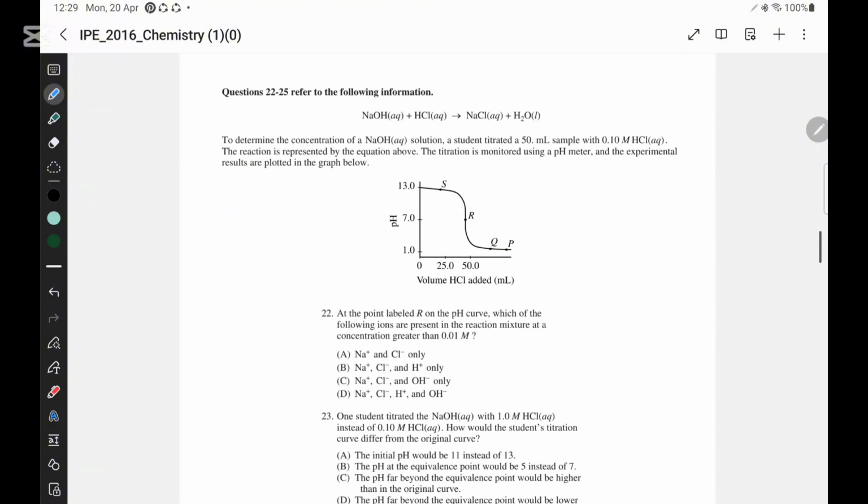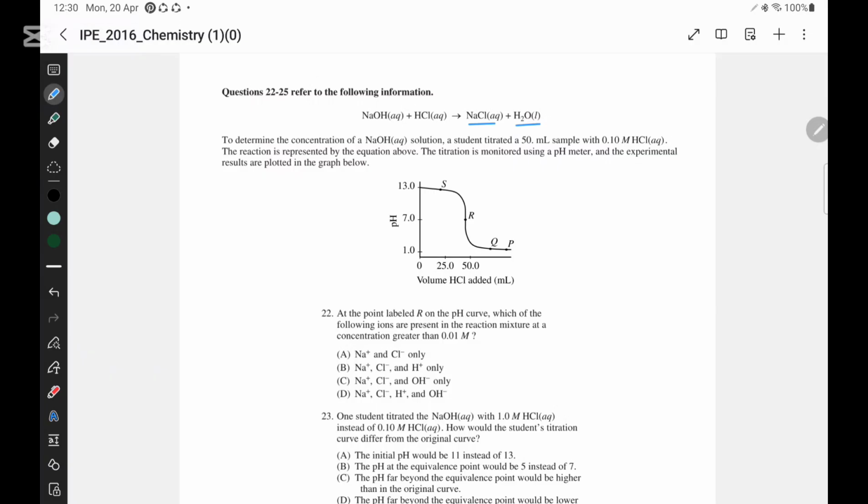In the next question, they are saying NaOH and HCl are reacting to form NaCl and water. To determine the concentration of NaOH solution, a student titrated a 50 ml sample with 0.1 molar HCl. The reaction is represented by the equation above.